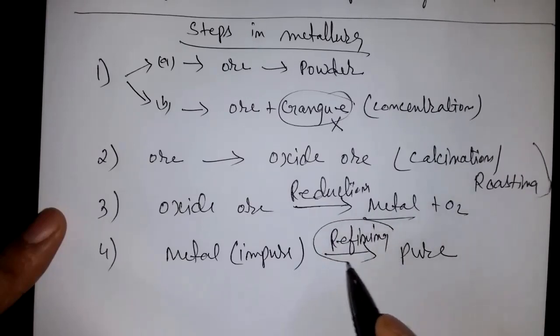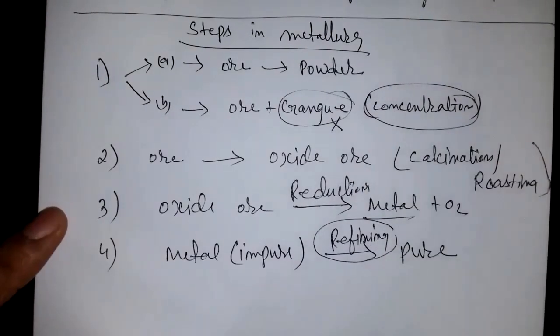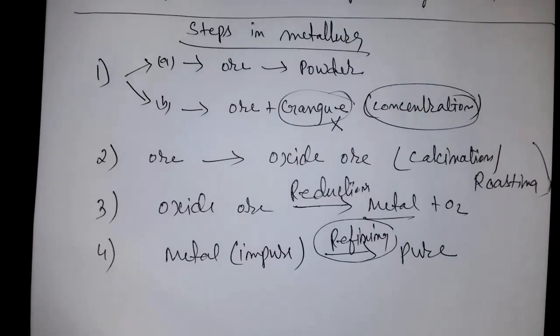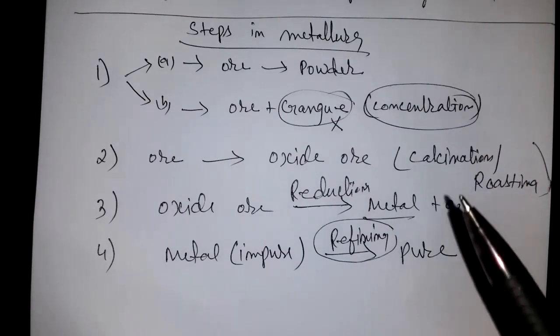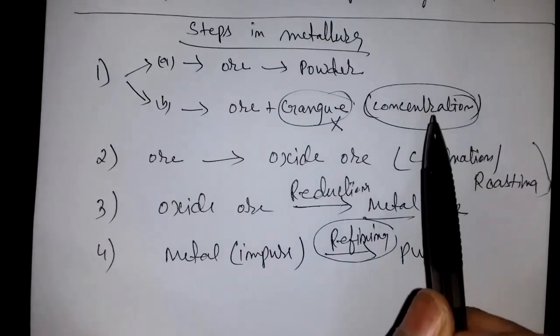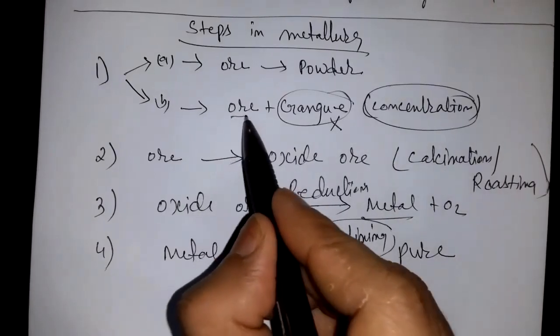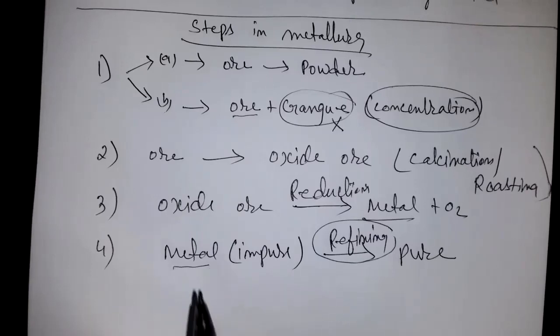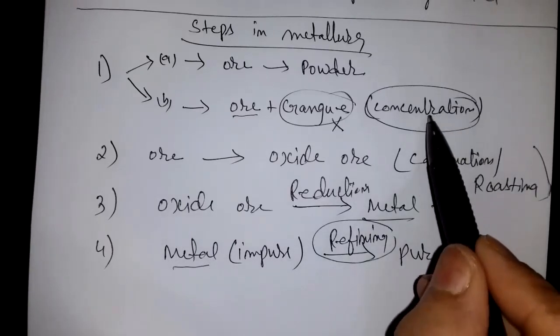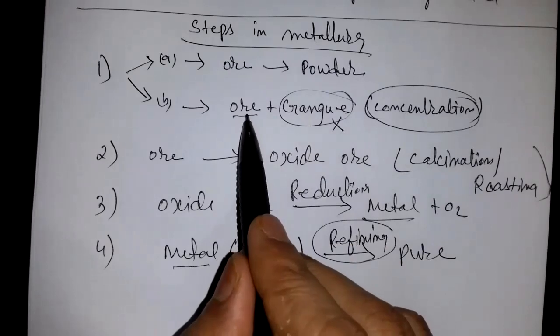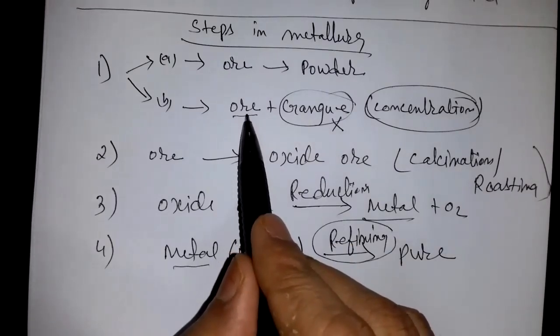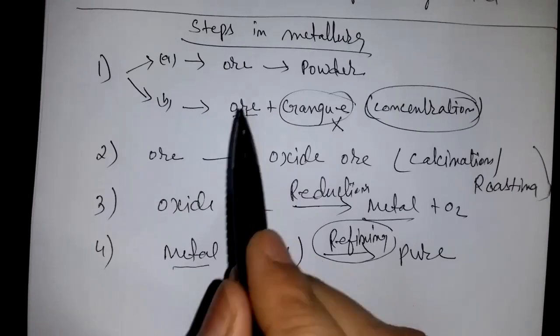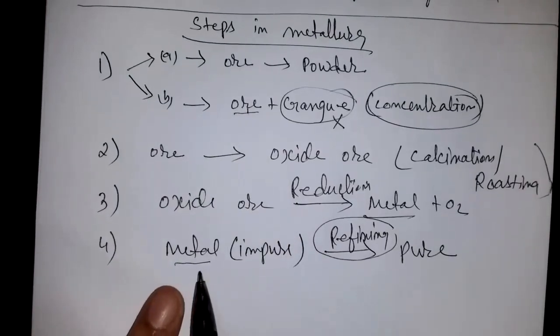Now, refining and concentration. Think of some differences and similarities. Concentration is generally a process which is done to the ore. Refining is done to the metal. So see the difference here minutely. Concentration is the preliminary treatment, done in the early stage, whereas refining is the last stage.